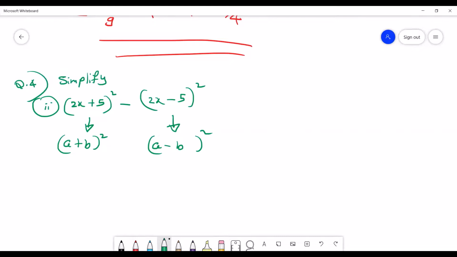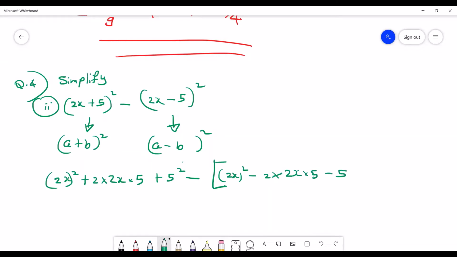So let us start that way. (a plus b) whole square means this will be (2x) whole square plus 2 into 2x into 5 plus 5 square, then minus (2x) whole square minus 2 into 2x into 5 plus 5 square.